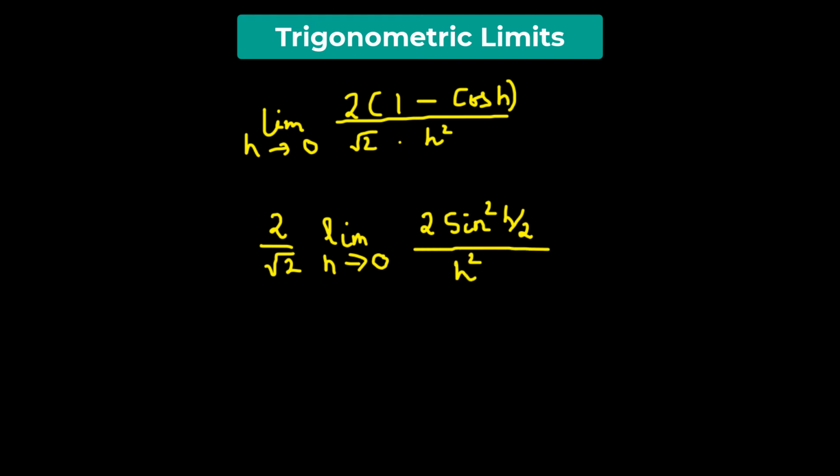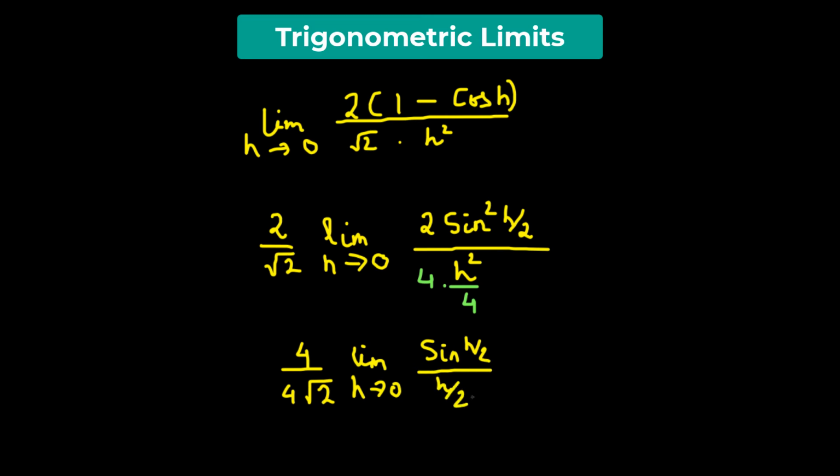Now what we're going to do is divide h squared by 4, and that would mean we have to multiply by 4 as well. So we have 2 times 2 is 4, so we have 4 divided by 4 square root of 2, limit h tends to 0, sine h over 2 divided by h over 2 whole squared.